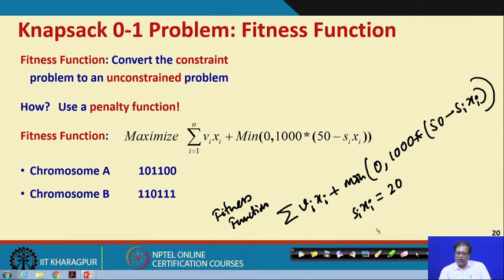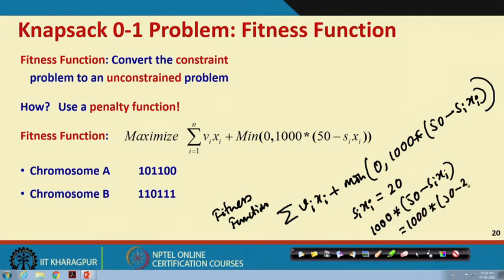What will be the value of 1000 into 50 minus S_i x_i? It will be 1000 into 50 minus 20, so it will be 30,000. Can you see that? Now, assume another example, suppose S_i x_i equal to 60.